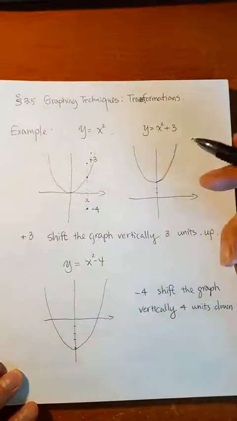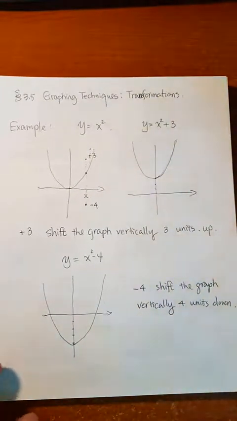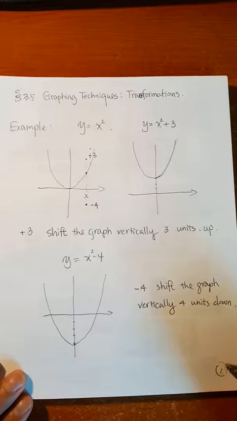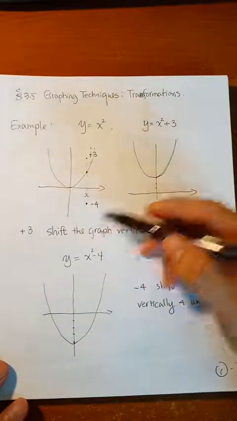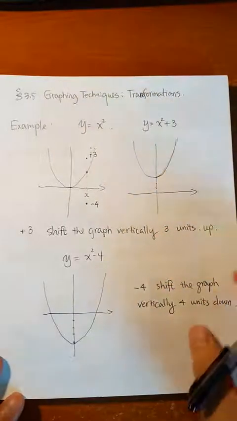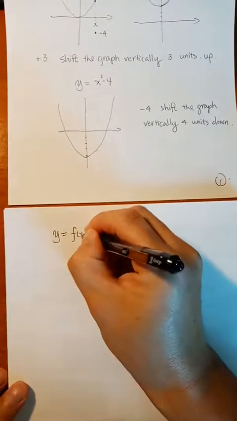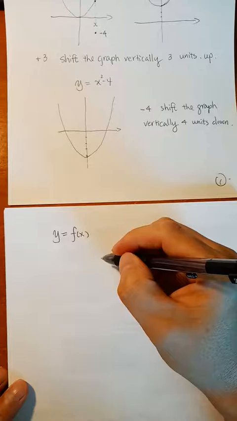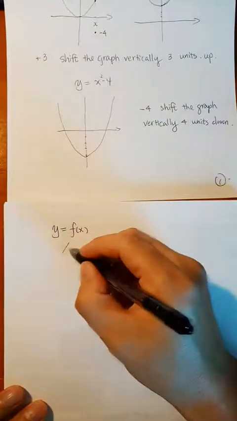Addition, upward. Subtraction, downward. Okay, so this is a pretty straightforward observation. So whenever you just simply add or subtract some numbers from the function. So to summarize it, if you have a function y equal to f(x) and you already know the graph of this function, you have two possibilities.